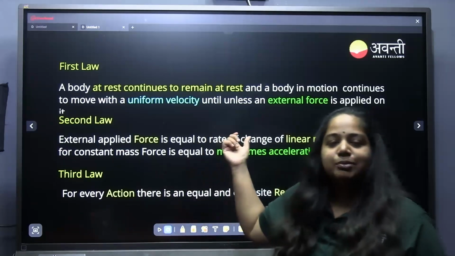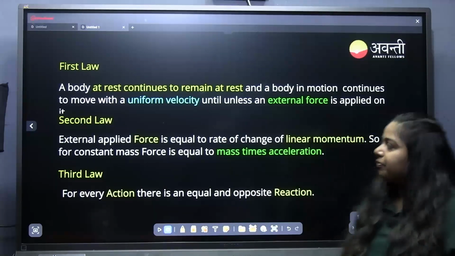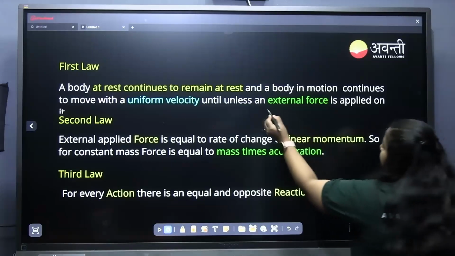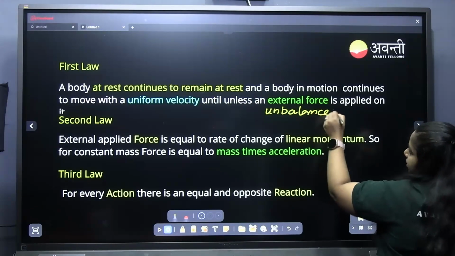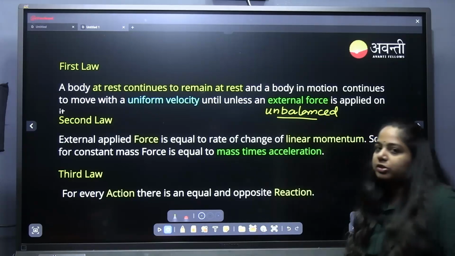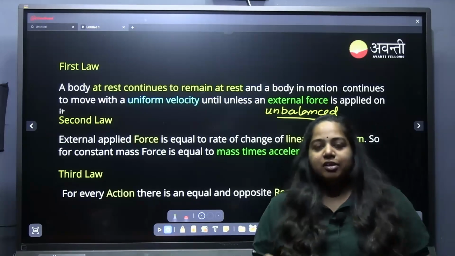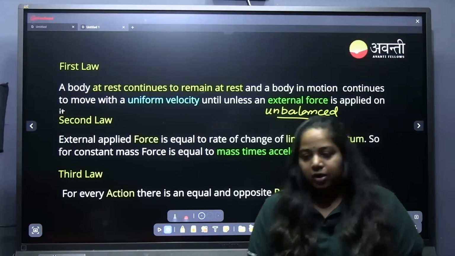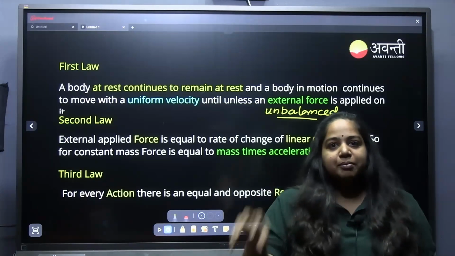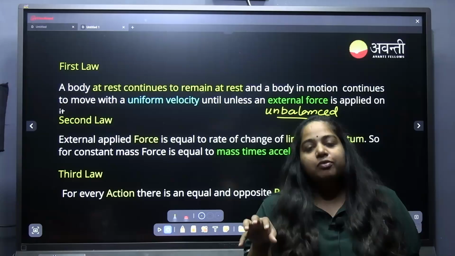But one word is missing here. You know what that is? External unbalanced force. Just because an external force is acting doesn't mean it will change the state. Imagine you kept something on the table, an external force is acting there.